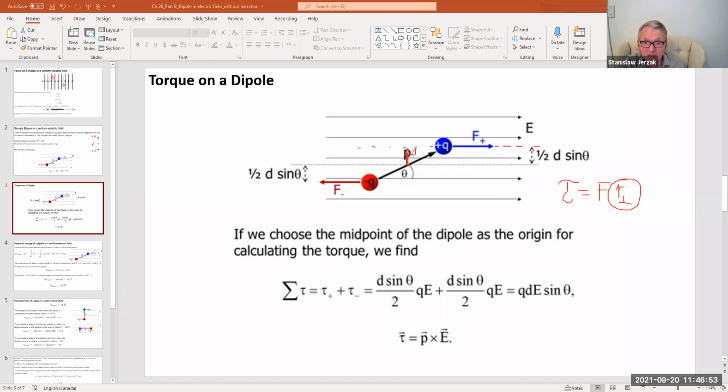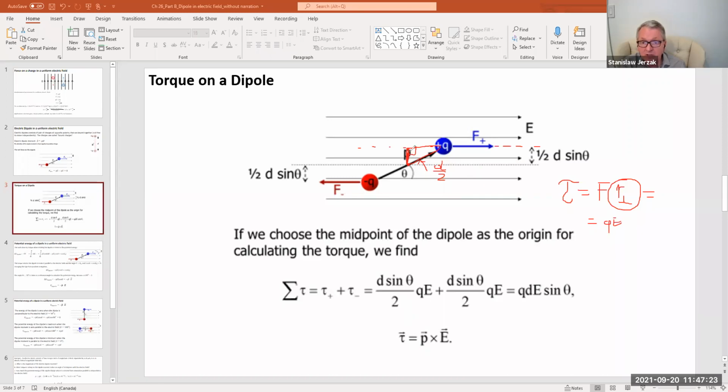So this little thing is what I called r perpendicular. And from this right angle triangle, you see the hypotenuse is d divided by 2. Then the magnitude of the torque, which is the product of F times moment arm, would be equal to, F is equal to Q times E, the force.